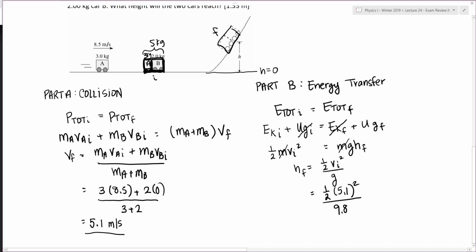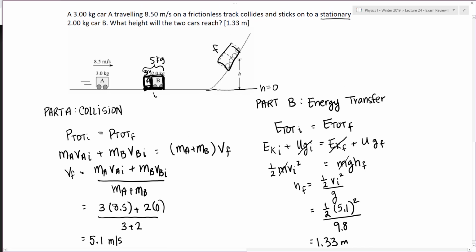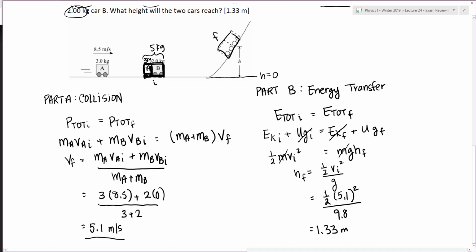I'm going to type this into my calculator, and I get 1.33 meters. Now if I go to the original question, I'll check for significant figures. I have 3 significant figures, 3 significant figures, and 3 significant figures, so my answer should also have 3. So I am all good with 1.33 meters.